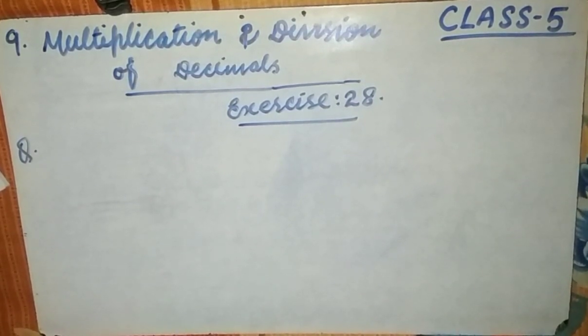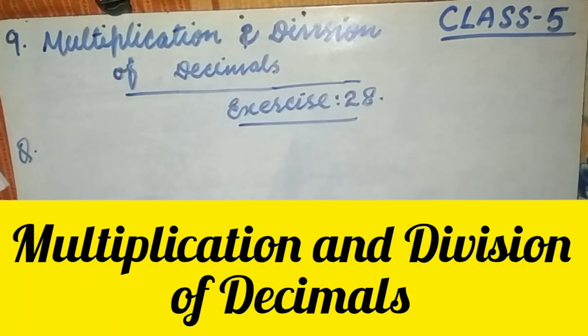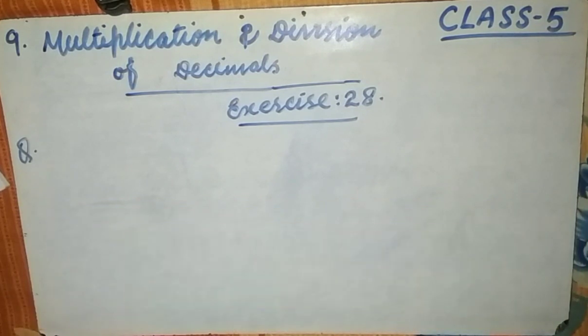So, my dear students, in today's video lecture we will learn about the new chapter number 9, multiplication and division of decimals. In the previous video you learned about decimal fractions and their types.